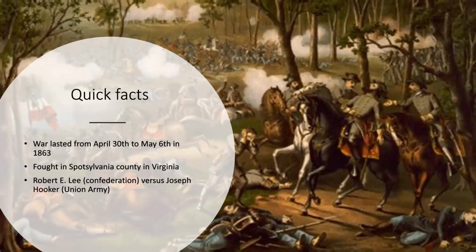It was famous for being the battle that mortally wounded General Thomas Jackson. The battle was fought in Spotsylvania County, which was in Virginia, and it was the Confederation led by General Robert E. Lee versus the Union Army, which was led by Joseph Hooker.